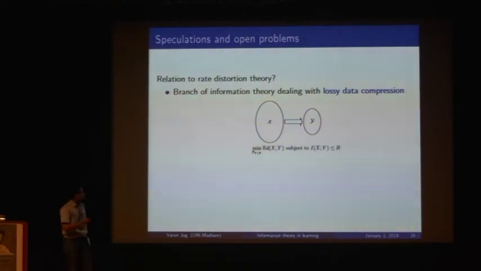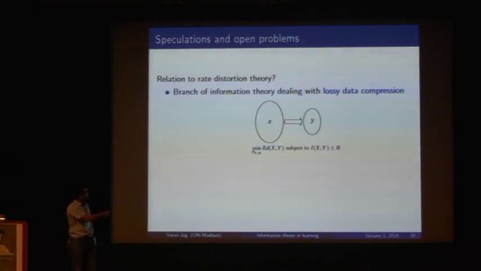This problem has a nice formulation: you're taking x and compressing it into y, and you want to minimize distortion subject to some mutual information condition. And if you look at it, this looks very similar to the problem that we have.